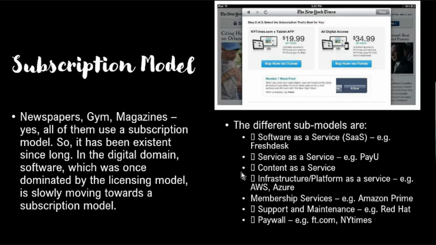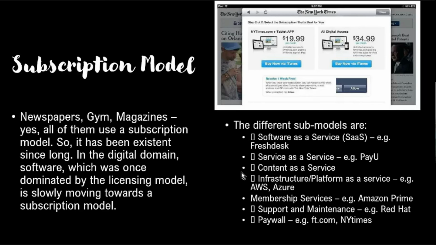$19.99 per month. If you want unlimited access to the New York Times across different digital platforms, if you have a computer, a tablet, a cell phone, smartphones, you can buy it for $34.99.